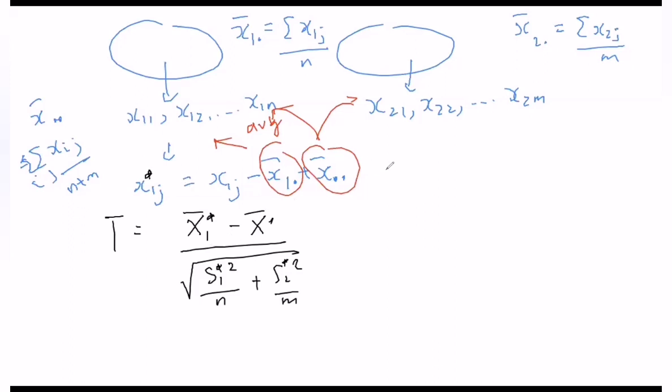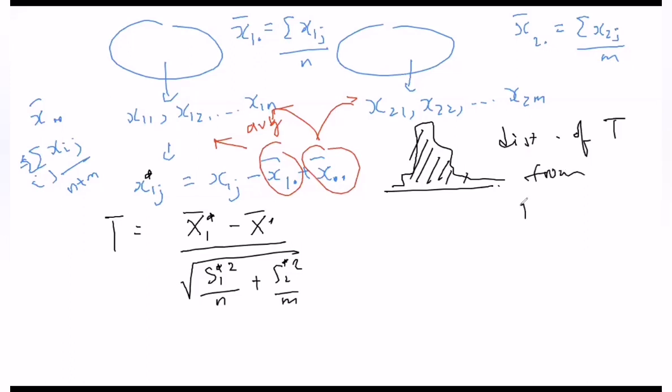After that you simulate your bootstrap distribution. So you have a distribution of t from pseudo samples. Then you compare against your t observed. This t observed is the t using the original data.